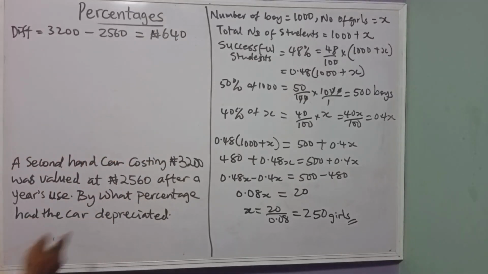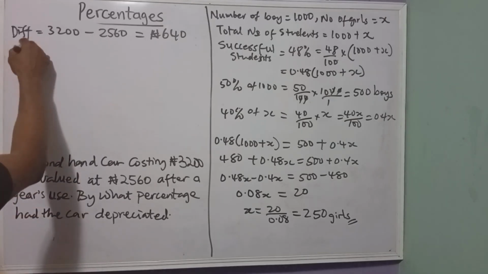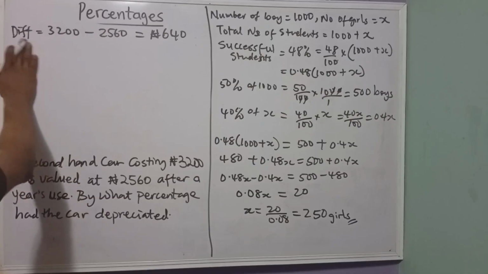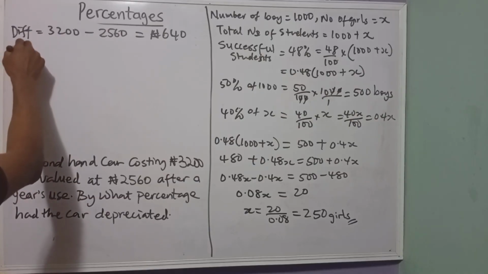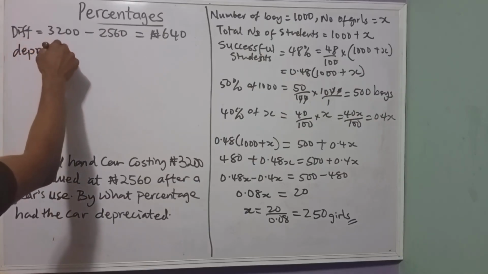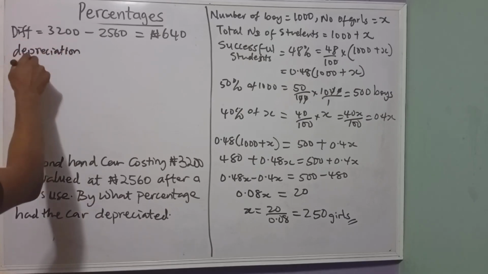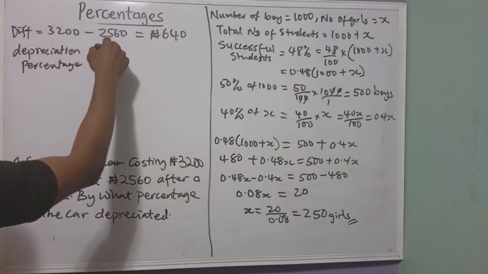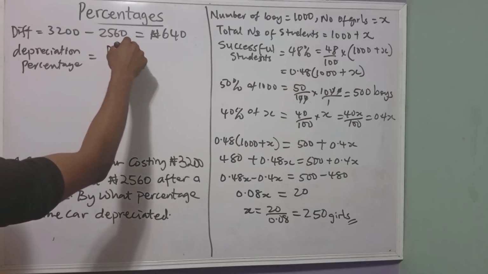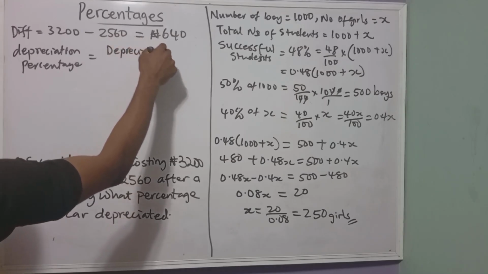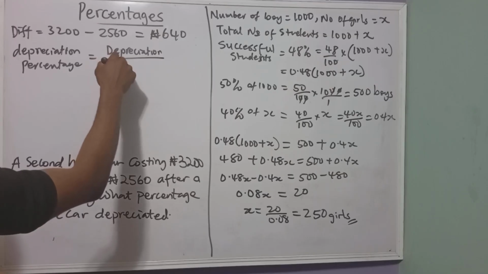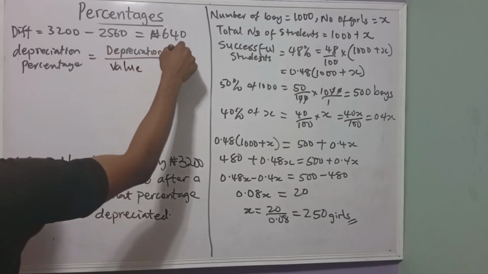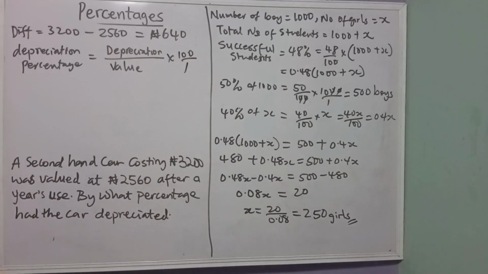Now for us to find the percentage depreciation, it would be depreciation all over the original value times 100 over 1.